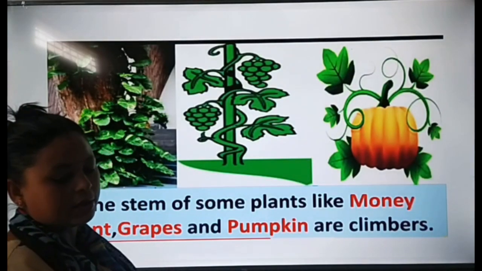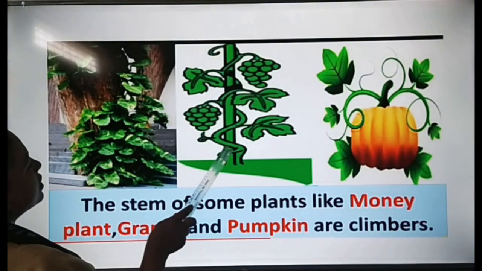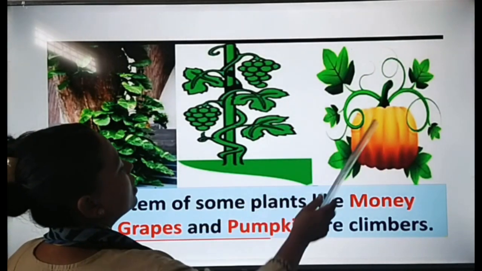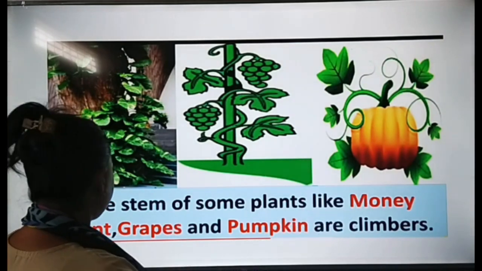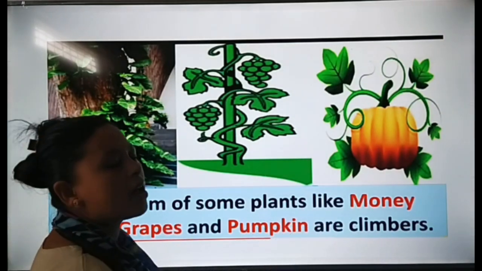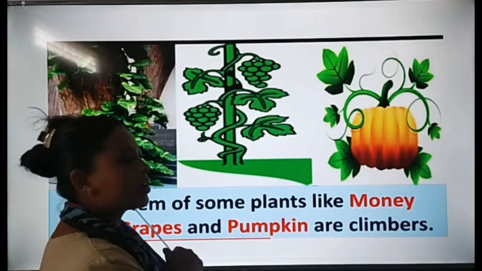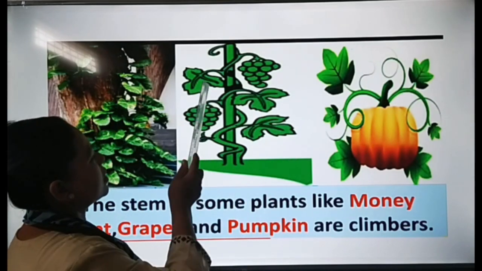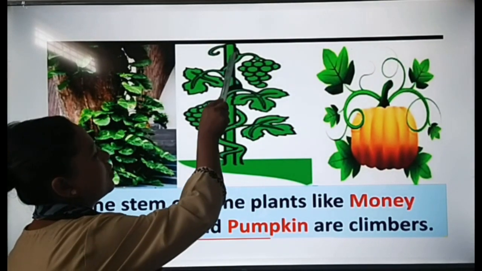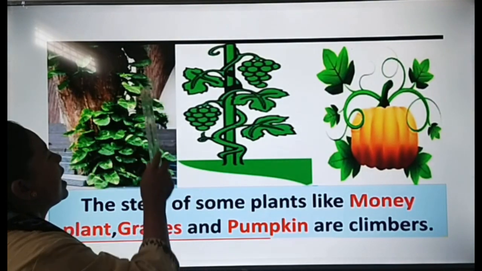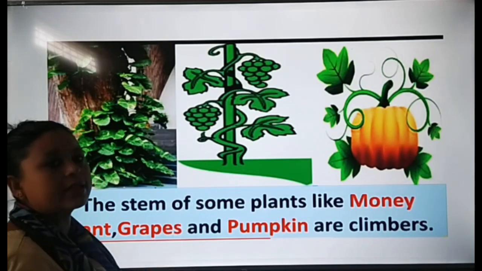For example, money plant, grapes, and this is a pumpkin. The stems of plants like money plant, grapes and pumpkin are climbers. So they have a soft and weak stem, and they cannot stand straight by themselves. They need support. This is the support of the grapes. They need support to stand straight, that is why they are called climbers.